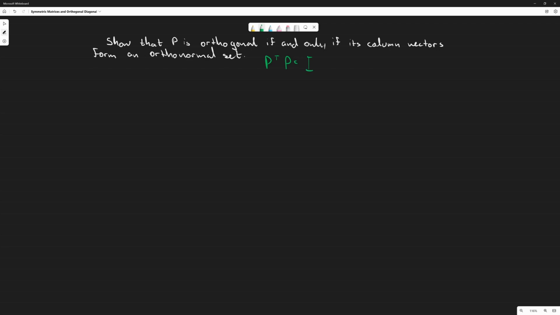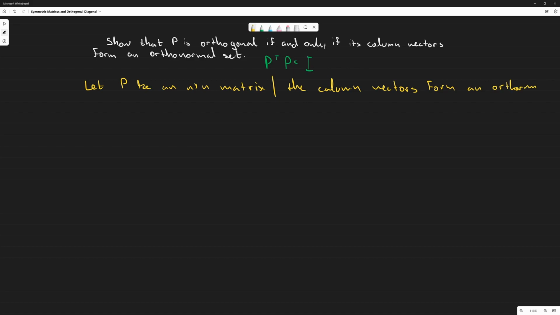We are going to start off by saying: let P be an n by n matrix such that the column vectors form an orthonormal set.